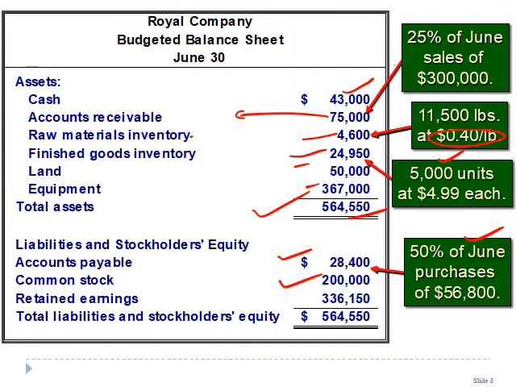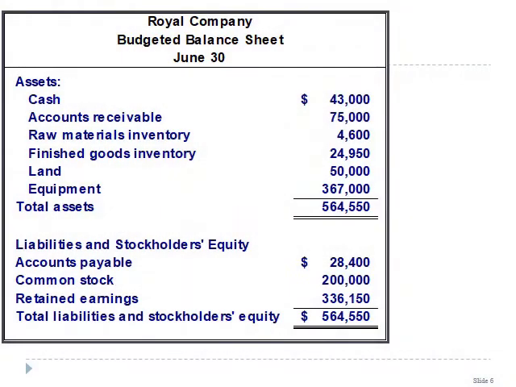Common stock is given here, and retained earnings, we know that the retained earnings before 1st April plus the net income from the income statement is 336,150, right? So that exactly matches our total assets.